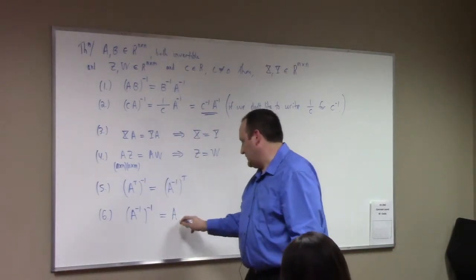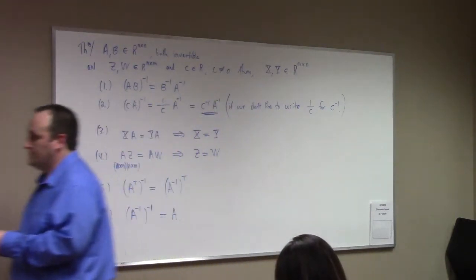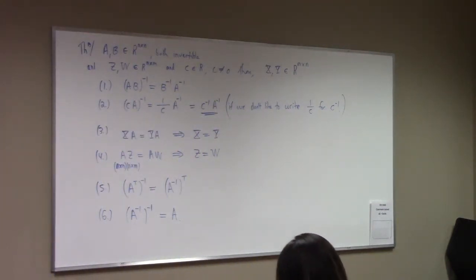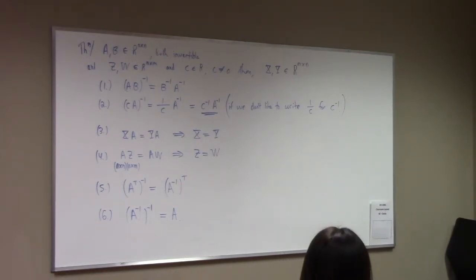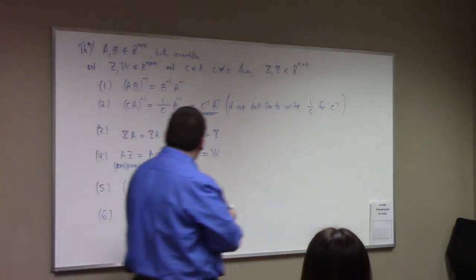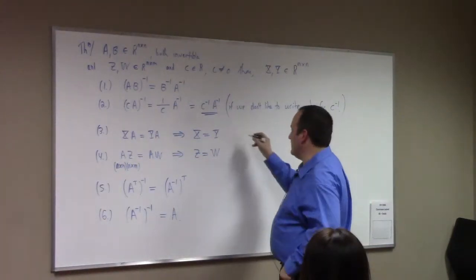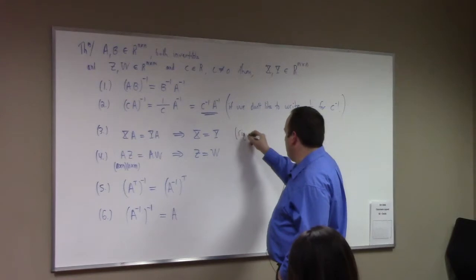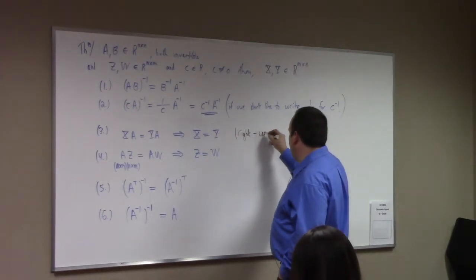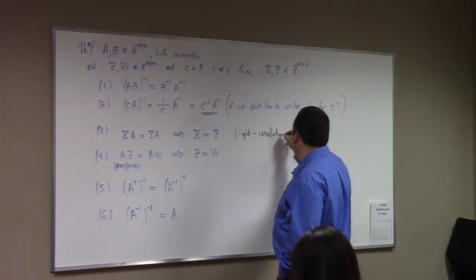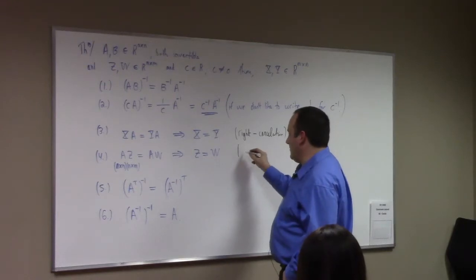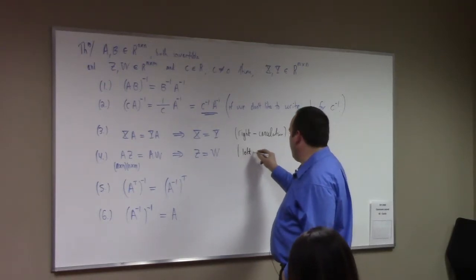We get the matrix back again. Now, what's this called? This is right cancellation. And this, I would probably call left cancellation of A.